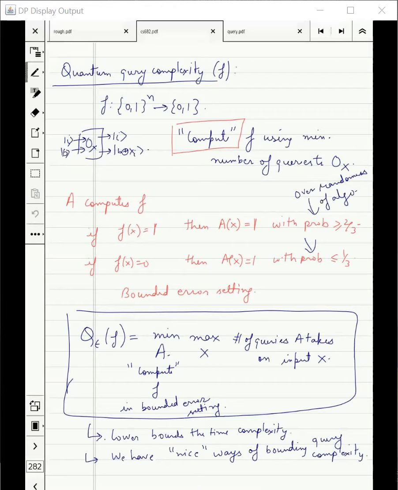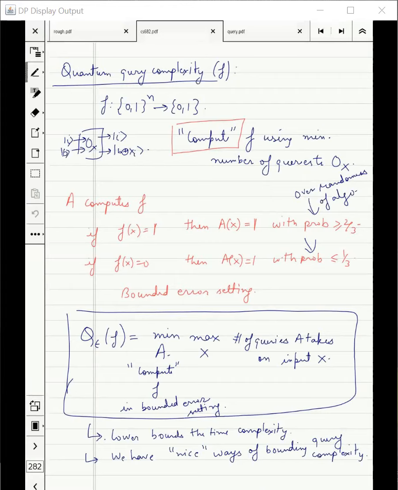And that probability we kept as 2 by 3. If F(x) is equal to 0, then A(x) will answer either 1 or 0. It should answer 0 with probability more than 2 by 3. That means it should answer 1 with probability less than 1 by 3, right? Yes. This was our definition of A computing F.